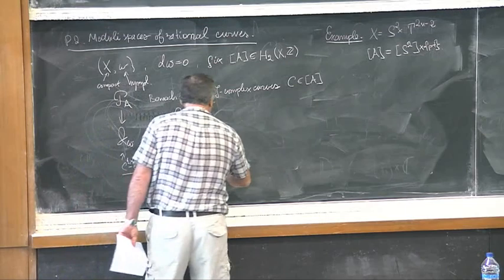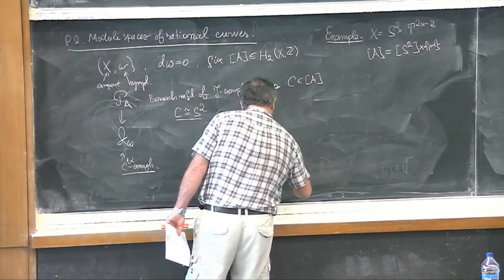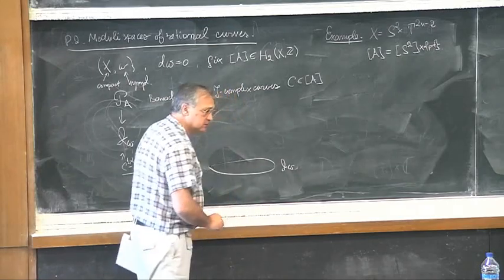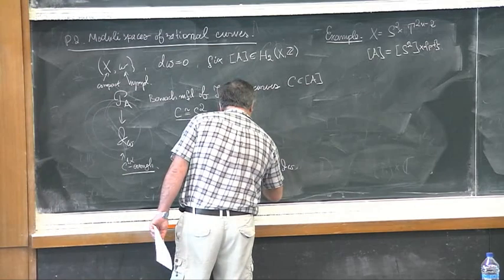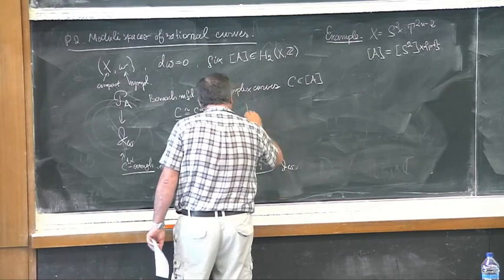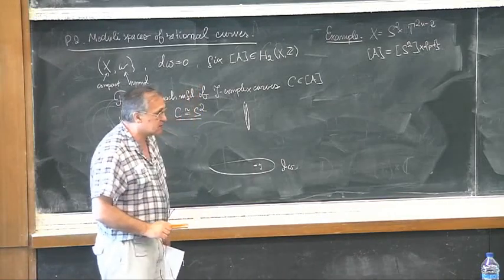So now we have this manifold of structures J, which is a contractible manifold. Over every structure J, we have a set. I don't say this is a manifold.